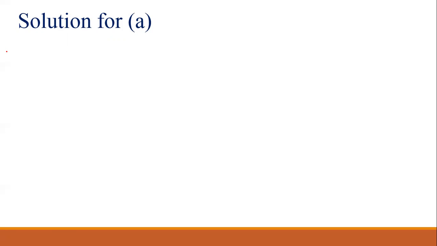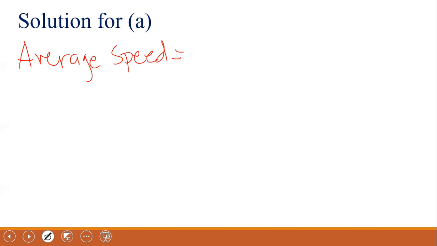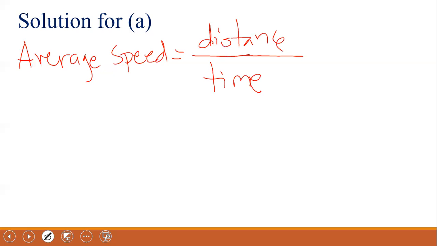So in equation form, just follow the cursor. We have the average speed is equal to distance traveled divided by the time of travel.